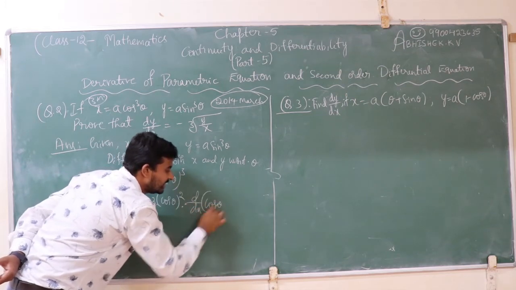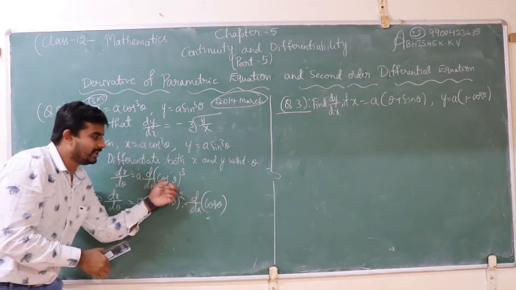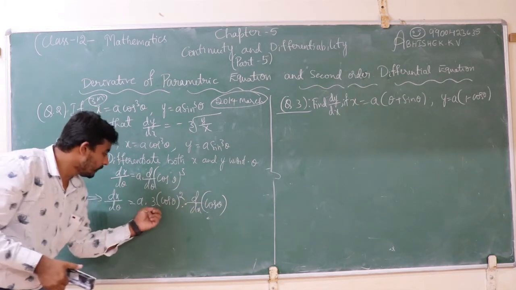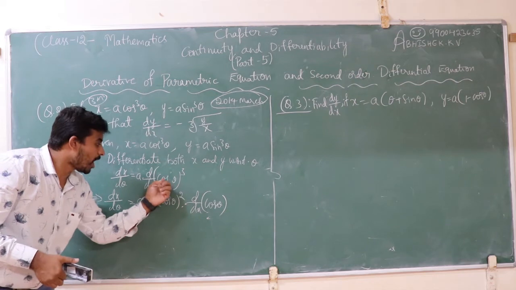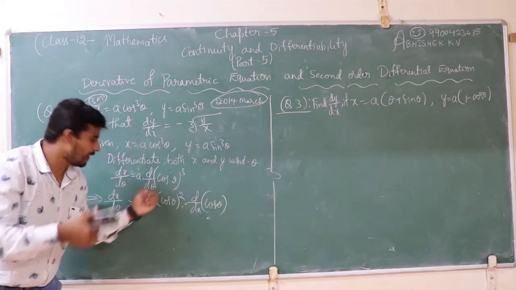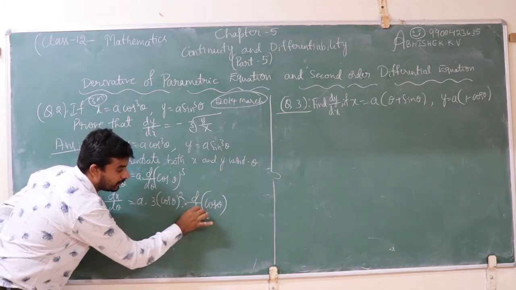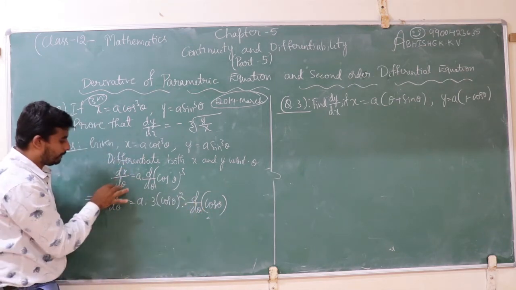cos theta. Differentiating cos theta whole cube, that is x to the power of n. Is it clear? See, it is not with respect to x, it is with respect to theta.